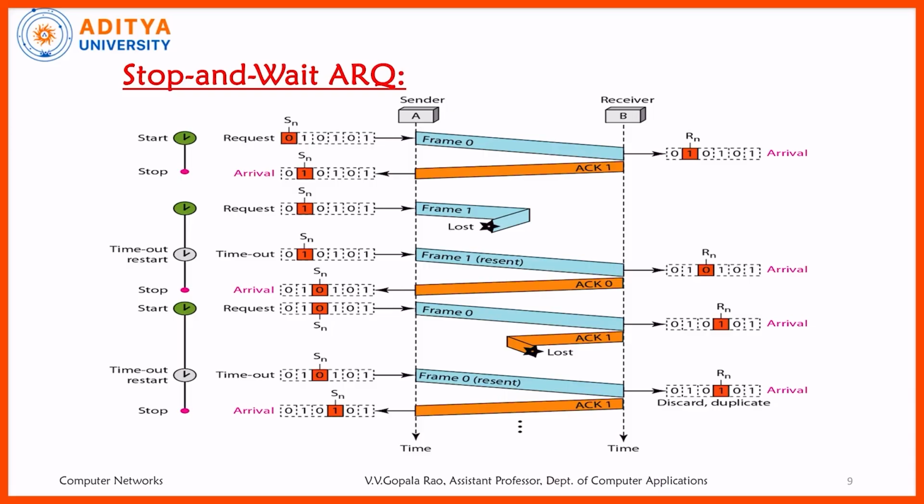Suppose you have 7 frames, let us say 7, you should not designate 7 to the frame. So 7 should be divided by 2, and whatever remainder you get will be the frame number you can designate in this scenario. So any frame you want to send should be numbered either 0 or 1. That is how the frames are numbered as 0 1 0 1 0 1, like that.